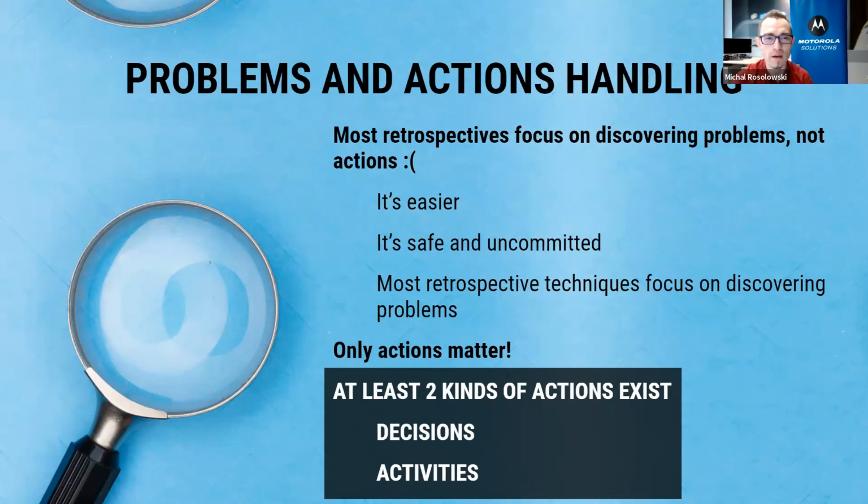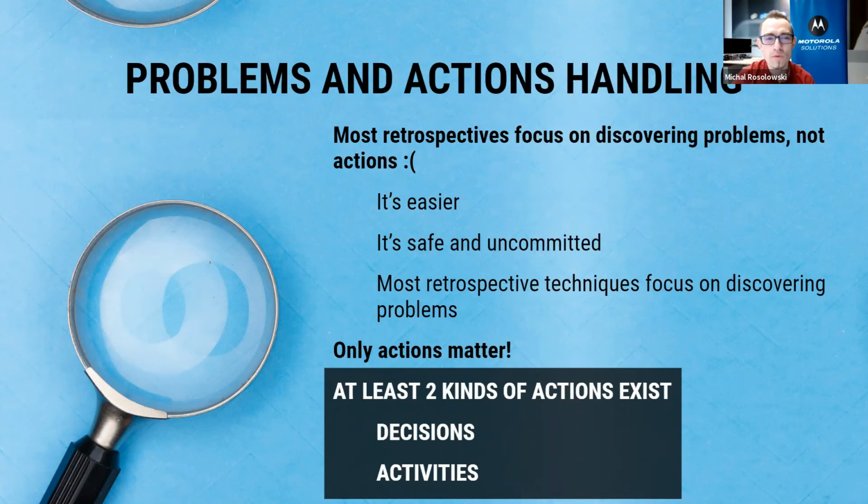So people stick the sticky notes, they group them if they are similar, they use the markers to draw circles, and they are very good at identifying problems. However, when it comes to actions, people are tired, people are not so effective. At least that's my experience. Not to mention that problems are safe to discover. There is no commitment following discovering a problem. You discover a problem and, well, maybe the management will take it, right?